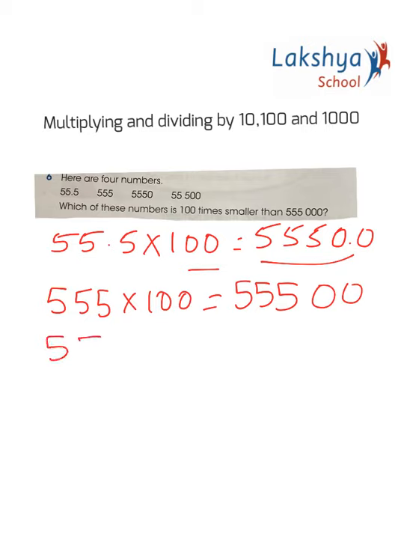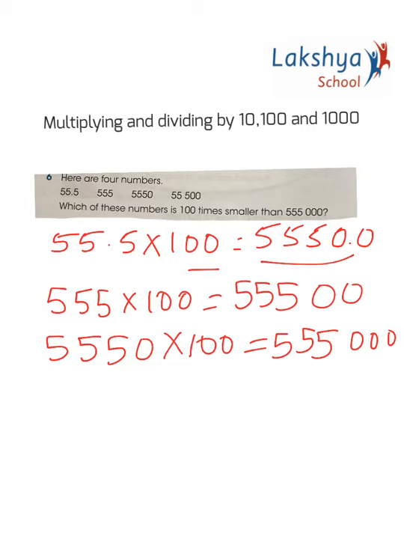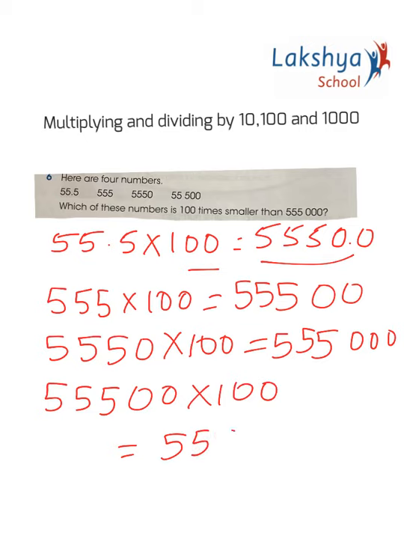Let's take the third number. When you multiply by 100, we get 555 followed by 3 zeros. Similarly, the fourth number, followed by 2 zeros gives us 555 followed by 4 zeros.